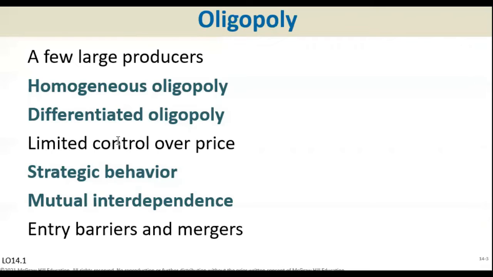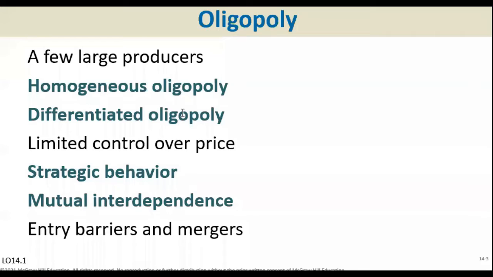Okay, so oligopoly has limited control over price. If you compare it to monopoly, because monopoly has full control over price, oligopoly has a control, but the control is limited. Examples of homogeneous oligopoly, right?